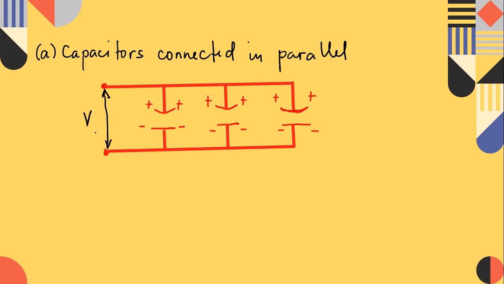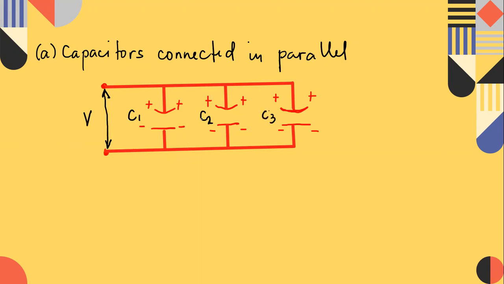This is the potential difference. This one is your C1, capacitance 1, 2, and 3.